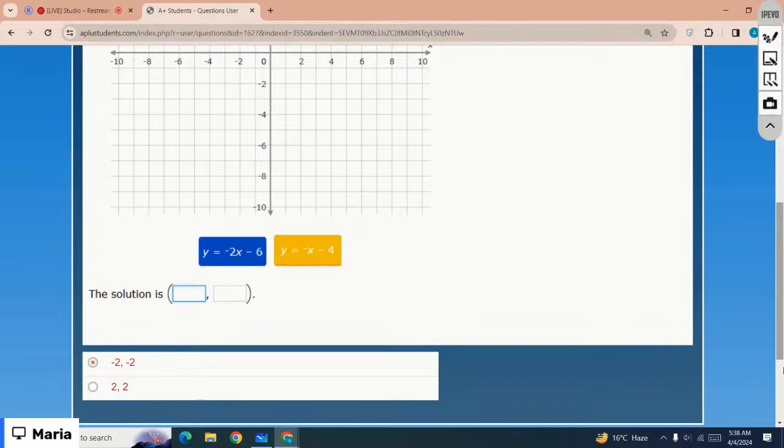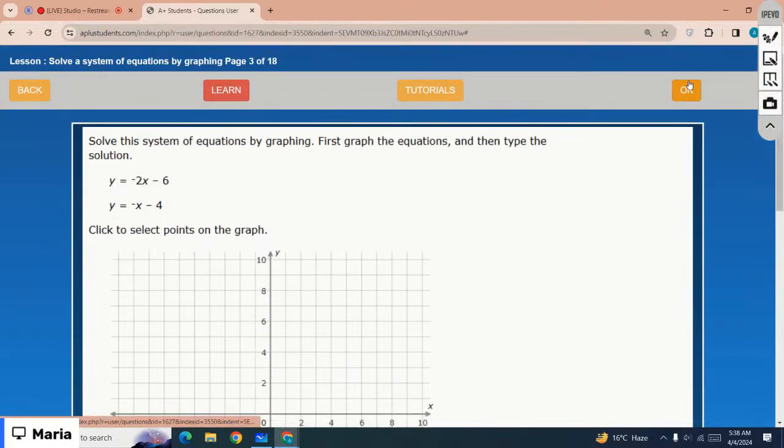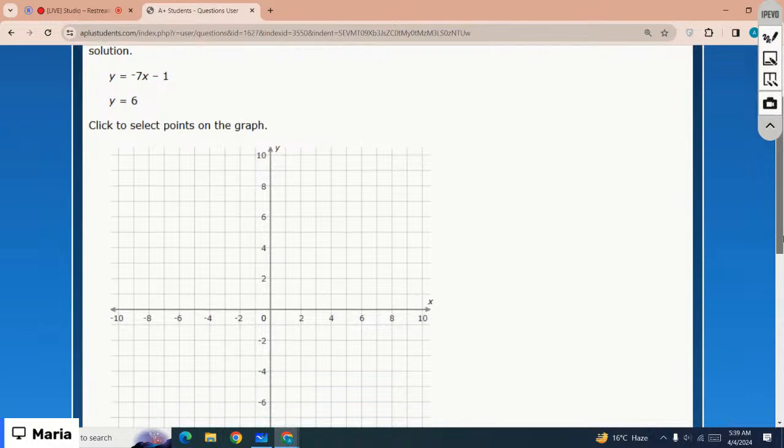Negative 2 and negative 2 is the correct option. Option number 1 is the correct option, right? Because I am drawing these points on the graph, that's why I cannot find the exact points, right? So you can plot these points on graph paper so that you can find the exact solution, right?